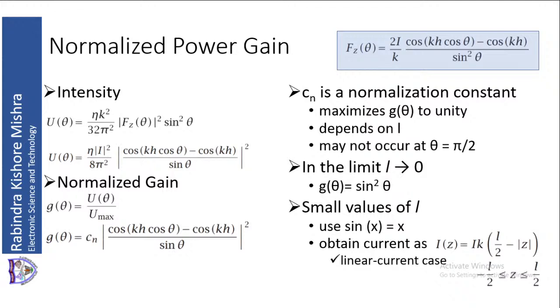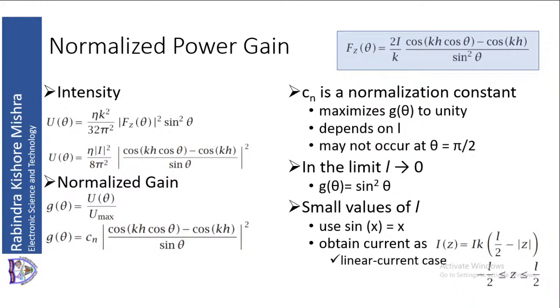I have discussed this already. When z is equal to 0, this is maximum. When z is equal to plus minus L by 2, this is minimum, so at both the ends it will be 0, and at the center it will be maximum. It increases linearly from 0 to maximum, then decreases linearly from maximum to 0 at the two ends of the antenna.